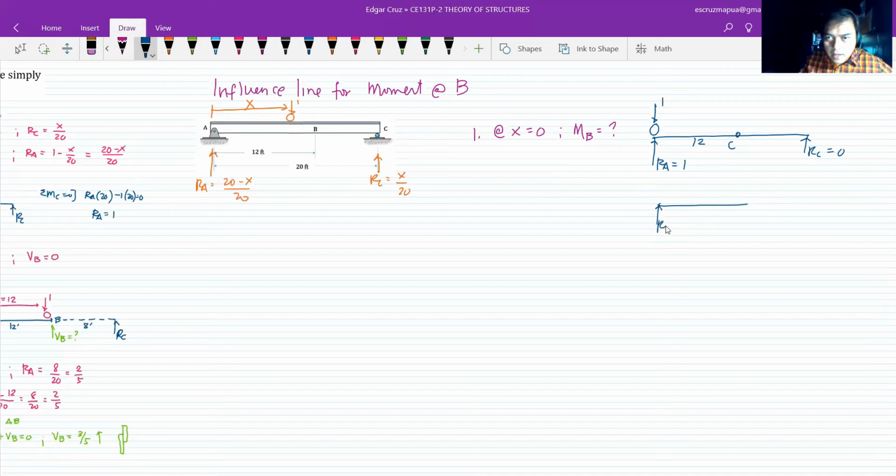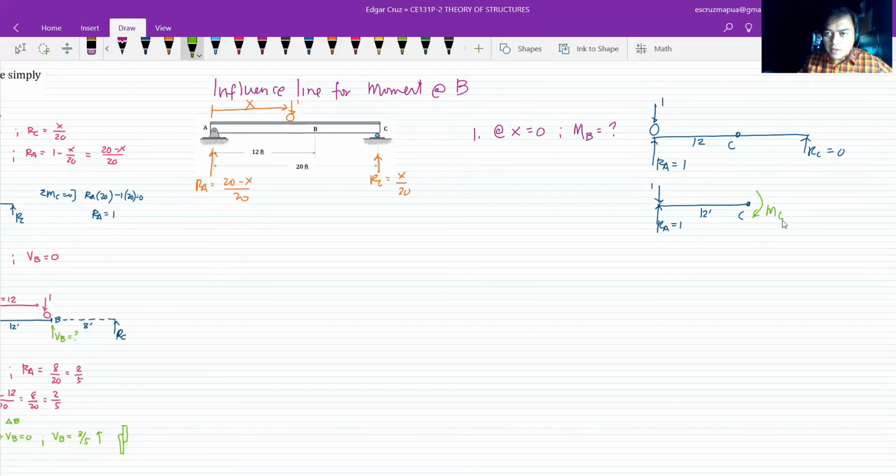Ito yung RA na equal to 1. Tapos ito yung unit load. Okay, ito yung point C. Okay, so ito yung 12 feet. Okay, so nandun yung moment sa C. Assume ko na clockwise. So, ang concern natin dito, moment this time. Kanina yung sinolve natin kasi shear eh. So, what would be the moment at C?